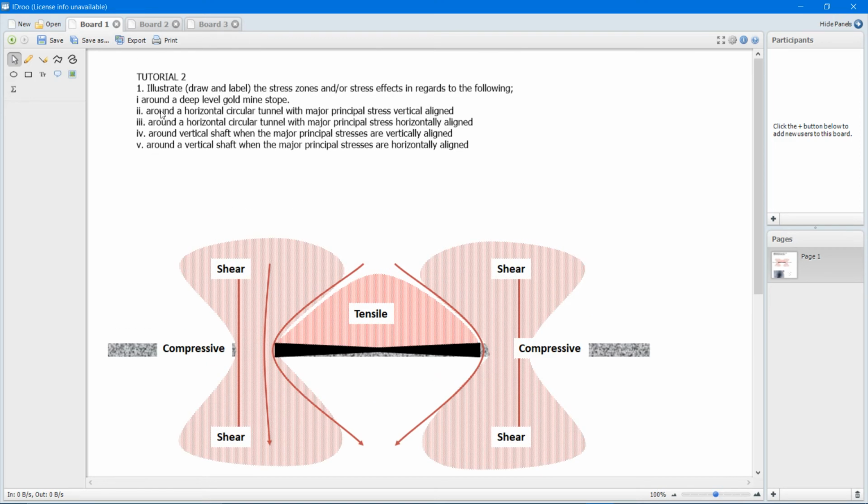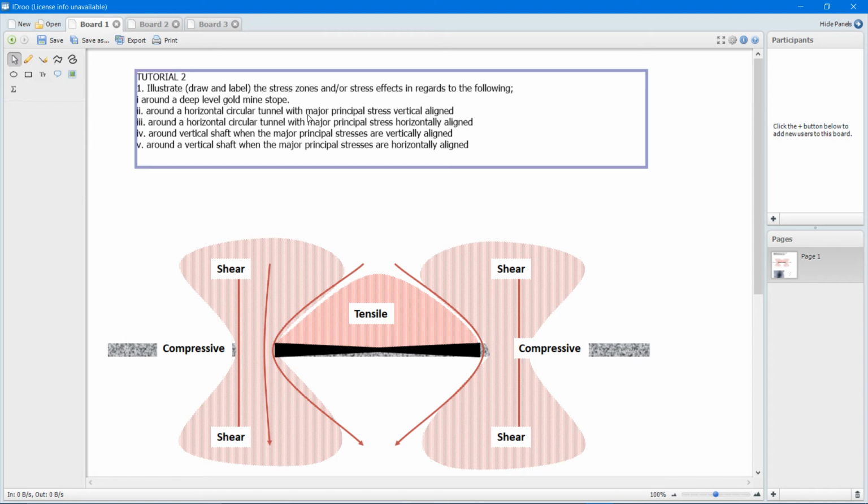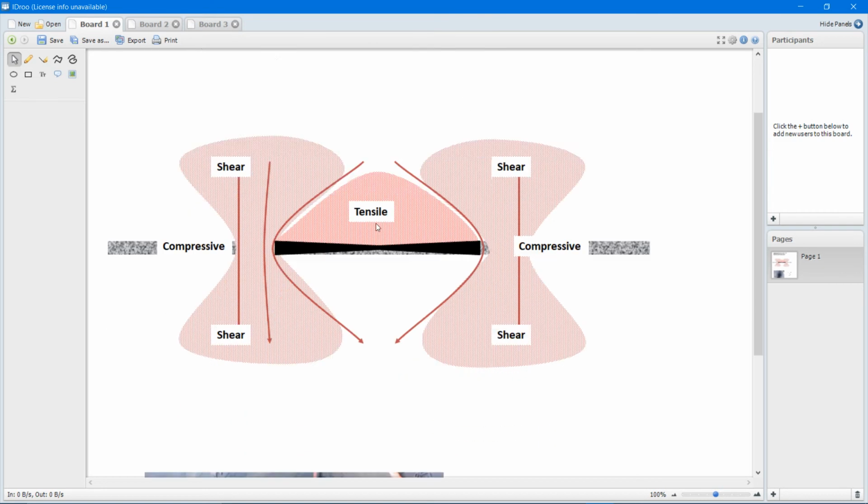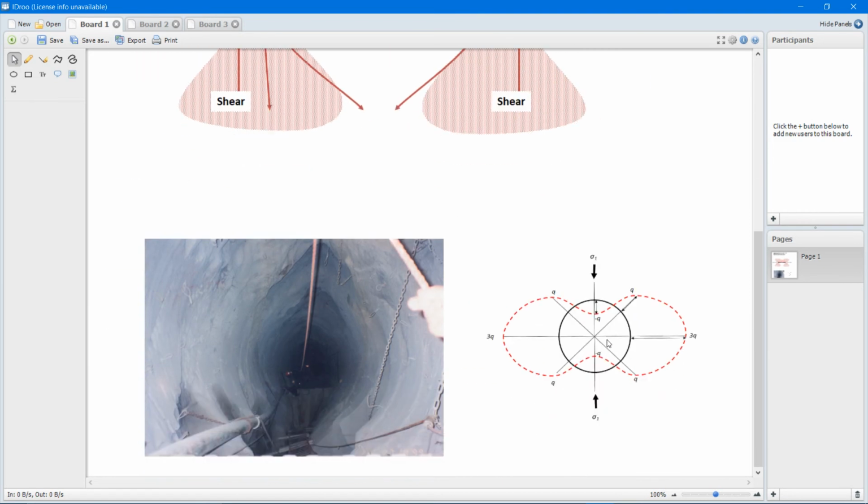Okay, around a horizontal circular tunnel with major principal stress vertically aligned, right? I have some depictions here of a typically circular tunnel, which is going through this page, through this whiteboard.